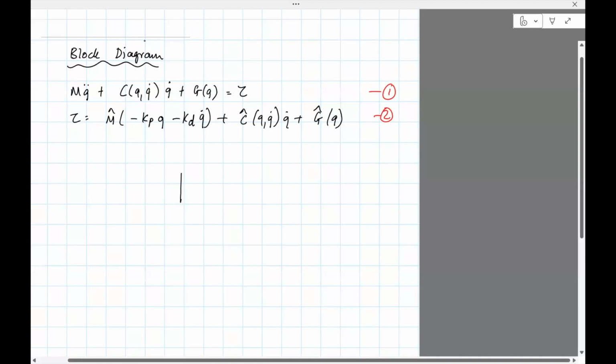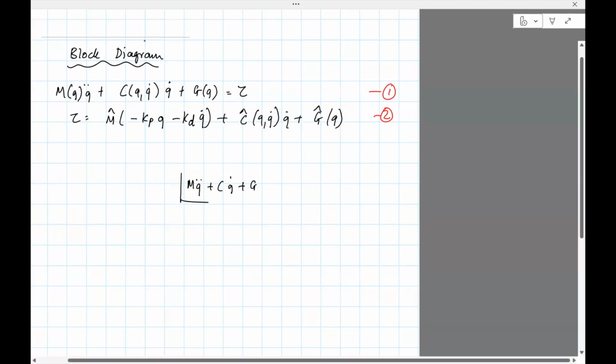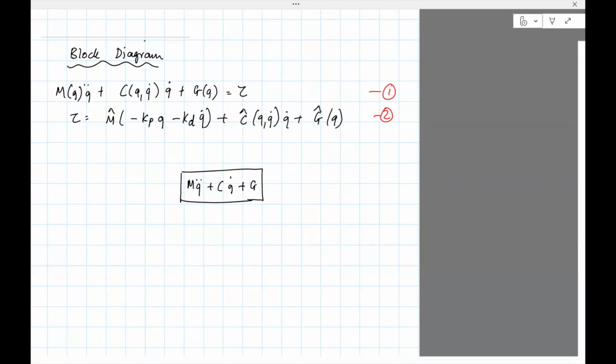first show the system mq double dot plus c. I'm just going to skip the arguments inside m, because then it's too many things to write here. So I'm just going to write it like this. Okay, so this is the system shown as a block, and now I need to show all the inputs and outputs to this.